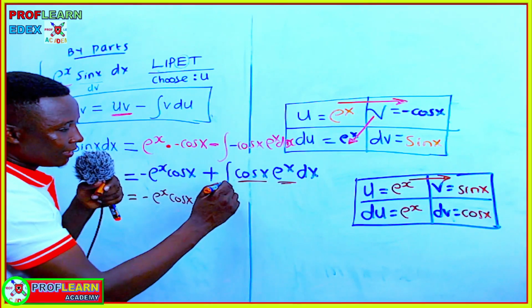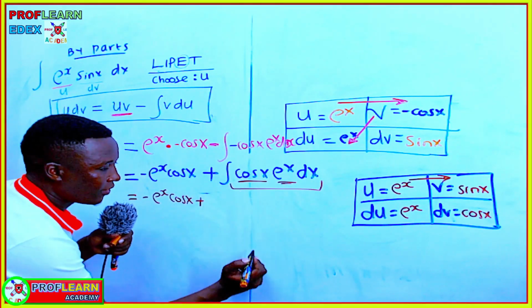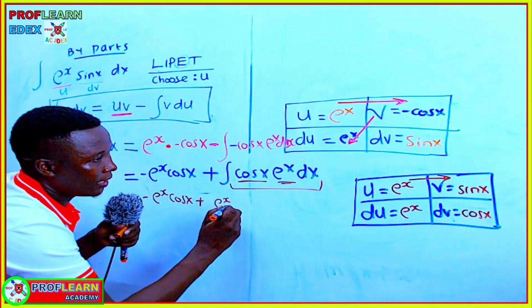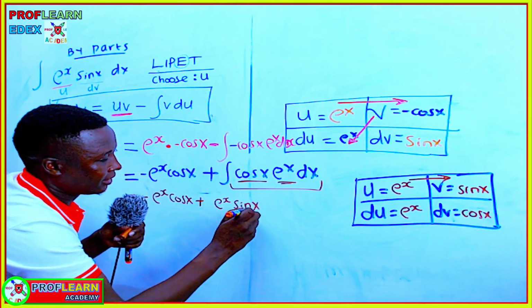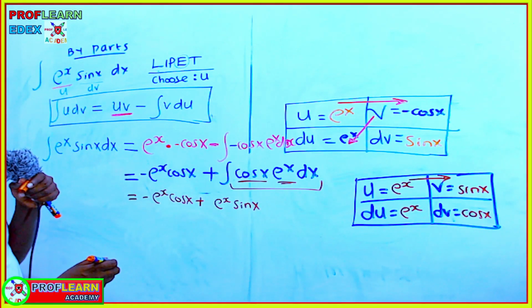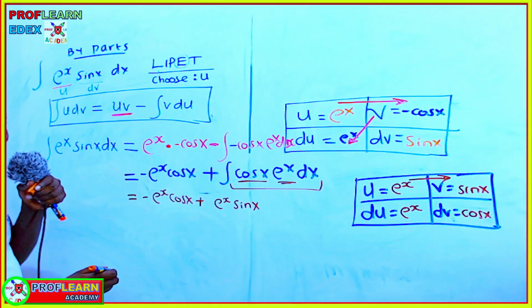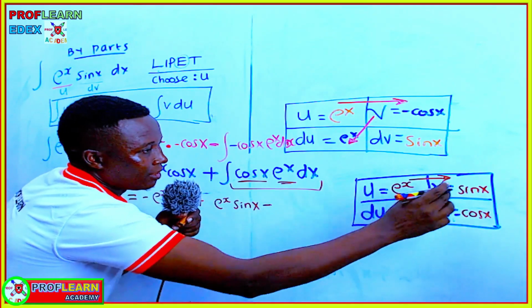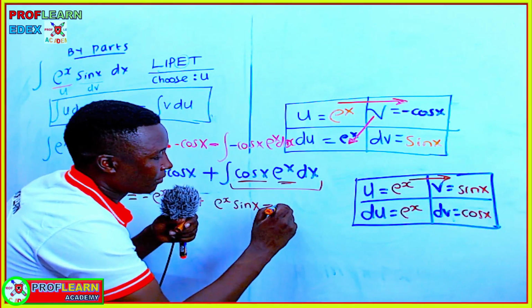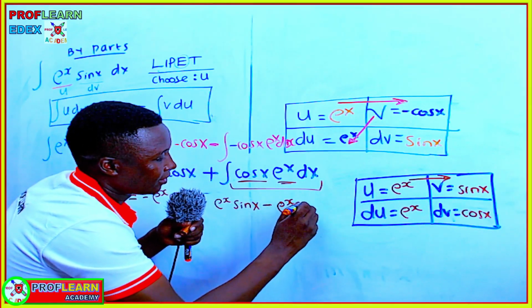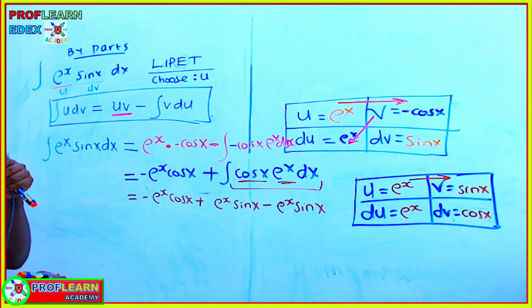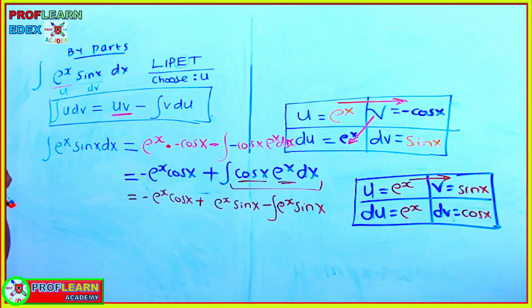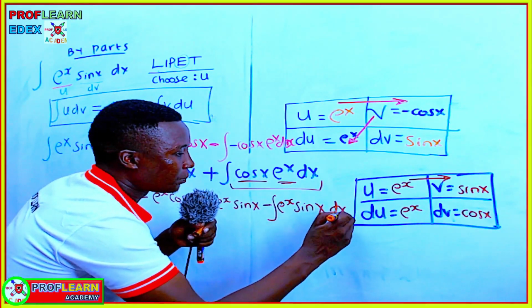Now, integrating this part is going to give us e to the x sine x, right? And we are going to have minus the product of this, e to the x sine x. But now we are going to integrate that with respect to x.